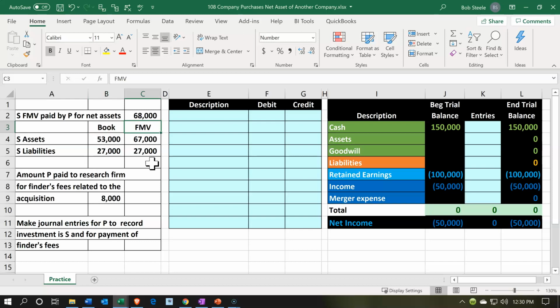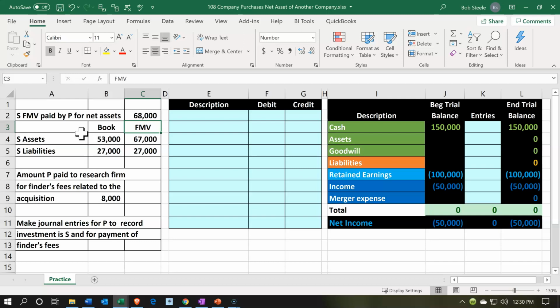And if the sale was going to take place, what would happen? We'd revalue in some way the fair market value of the assets and liabilities. And then, through negotiation and market forces, we would decide what the price will be that will be paid. Typically these types of problems will have a book value and a fair market value, and you're going to take the fair market value in this case.